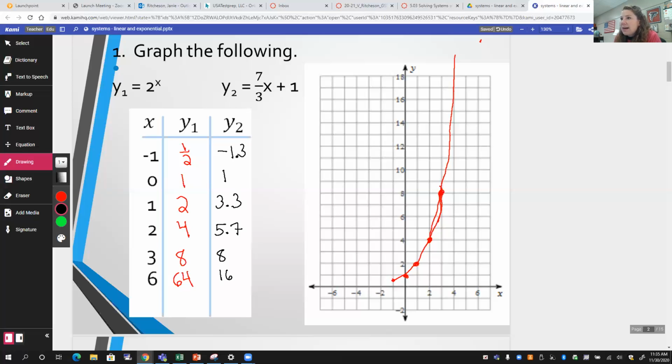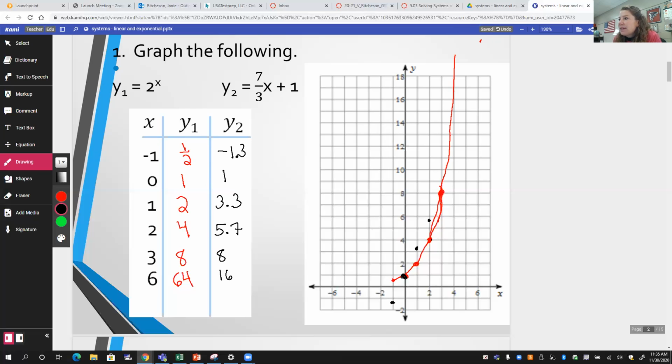All right, so let's graph the black coordinates. So -1, -1.3, left 1, down 1.3. 0, 1. 1 and then 3.3, about right there. Right 2, up 5.7, almost went way too high.